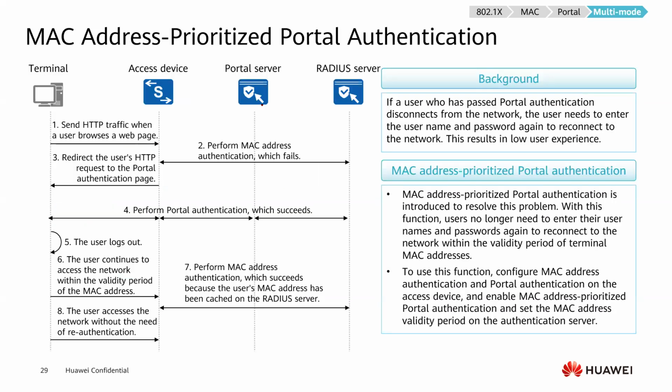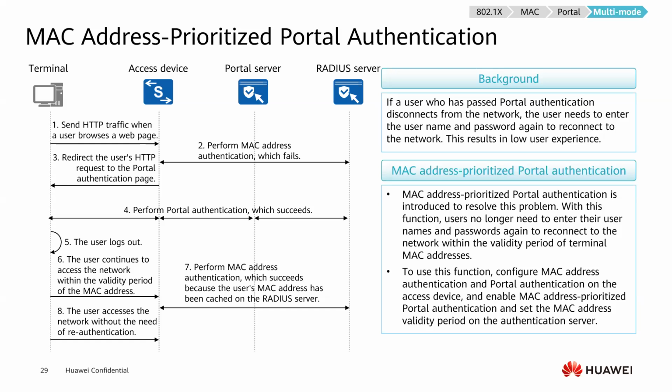Another mixed authentication is MAC address prioritized portal authentication. For example, after passing portal authentication, terminals may disconnect from the wireless network when they move from one wireless signal coverage area to another, or when the wireless signal is unstable.